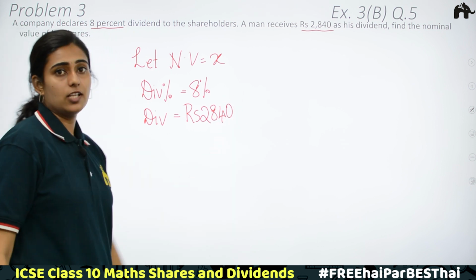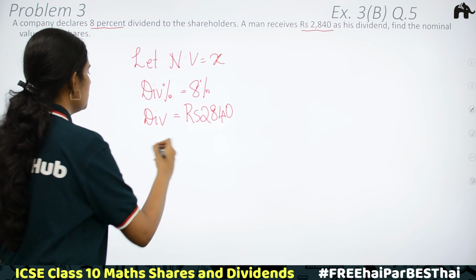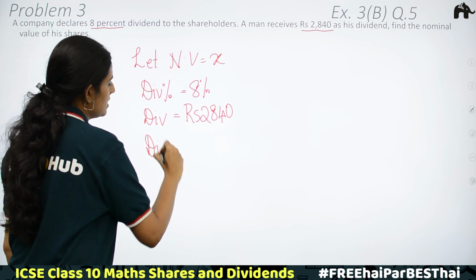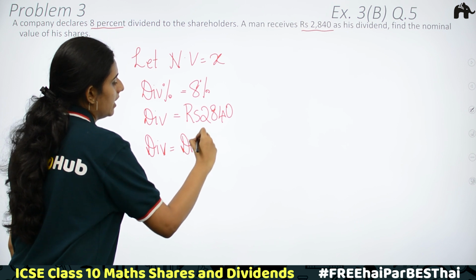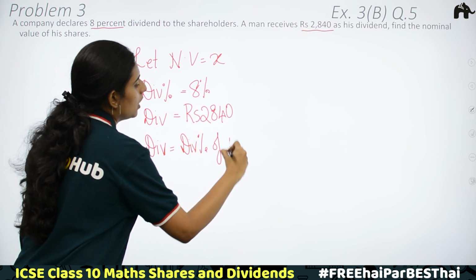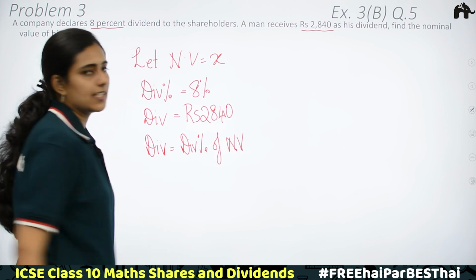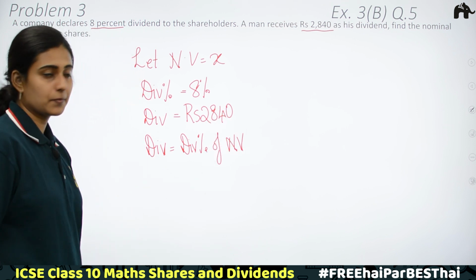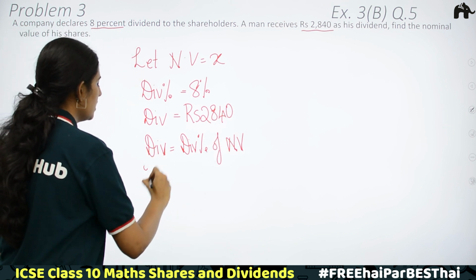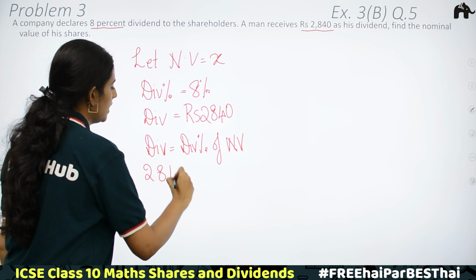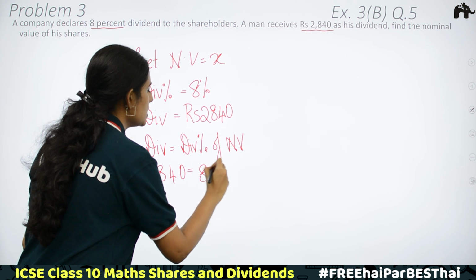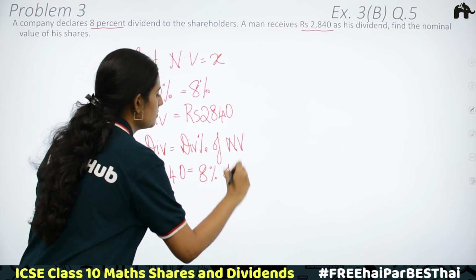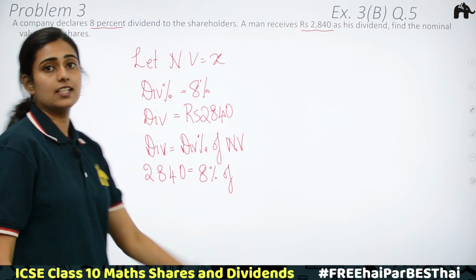Find the nominal value of his shares. We have a simple formula. Dividend is equal to dividend percentage of nominal value. Here 2,840 is equal to 8% of nominal value, x.